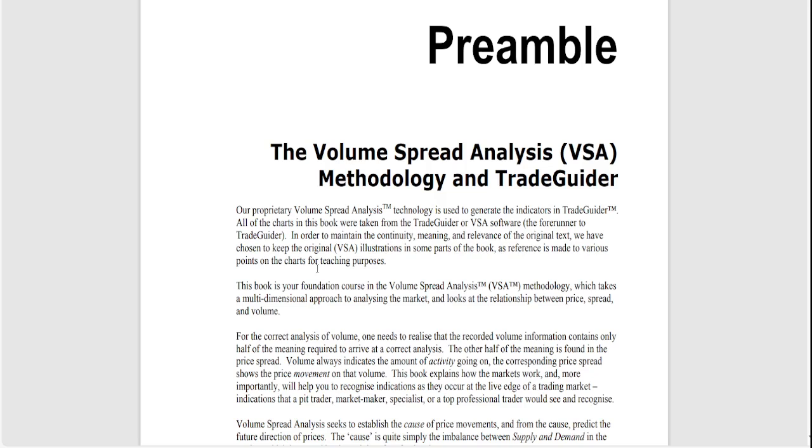There are different methods in the market. What I am going to introduce you to is a method that we call volume spread analysis, VSA. In short version, we call it VSA.